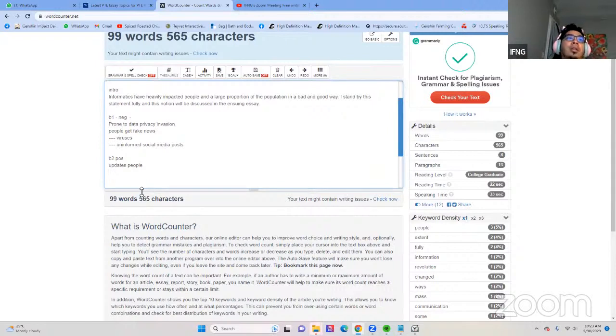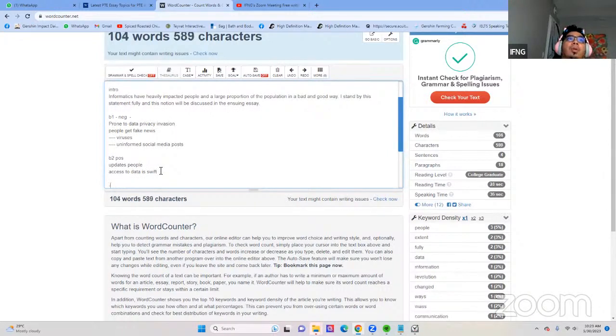Access to data is swift. Diba? Madali nating makukuha yung mga information natin, right? So it updates people, news is available.